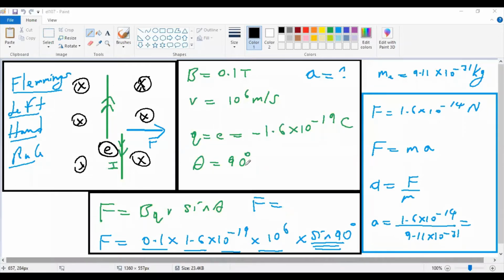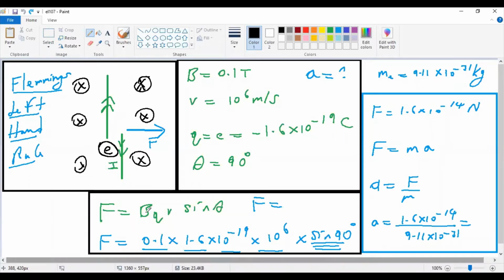So theta is 90 degrees. Given this information, since I know B, V, and Q, I can calculate the force acting on the electron using the formula F equals BQV sine theta.